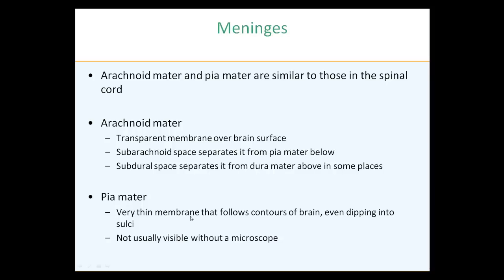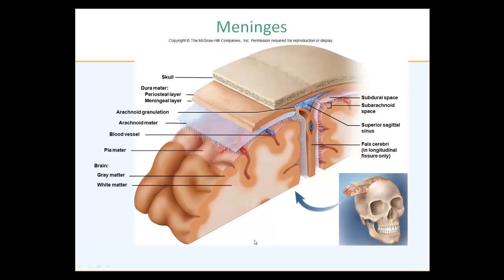Now, the pia mater would be a very gentle, very thin membrane that follows all the contours of the brain and dips into the grooves, and the grooves we call sulci, the plural of sulcus, of the brain. And you don't see it because it's so adherent, but it's the shiny, glistening saran wrap that surrounds the brain.